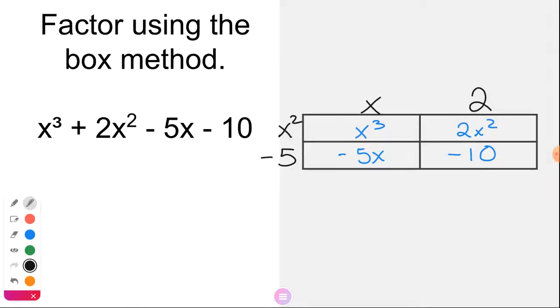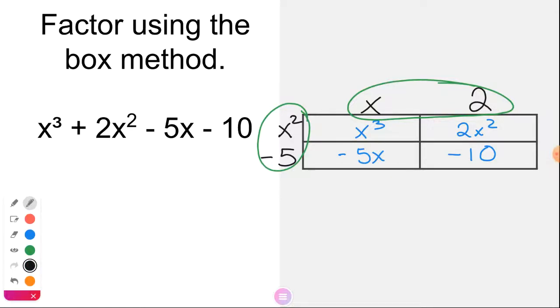And then you're just going to check, if I multiply the answers that you got back in, do I get the original polynomial? So x squared times x is x cubed, we're good. x squared times 2 is 2x squared, we're good, and so on. Now you're going to take the answers that you got, so we have this piece here and this piece here, and write those in factored form.